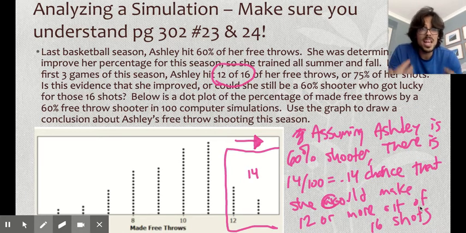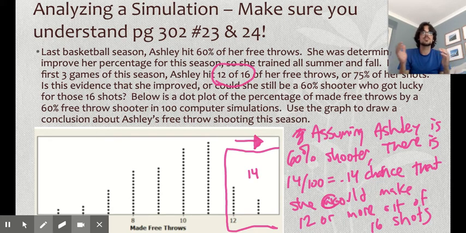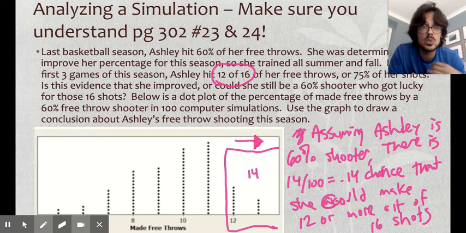So you have to think about what that means. If there's a 14% chance that she's still a 60% shooter, that's basically what we found right there. Is that high enough or low enough that we should be confident she's actually better now? 14% is usually considered to be too high for us to be certain that we were wrong in our initial assumption.